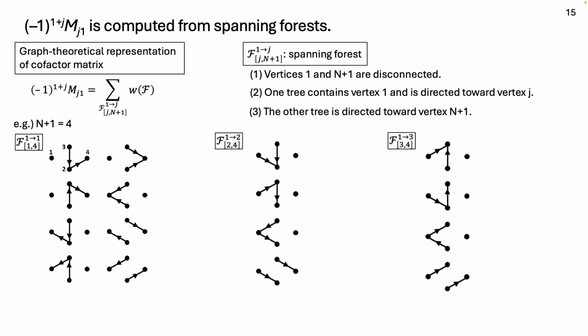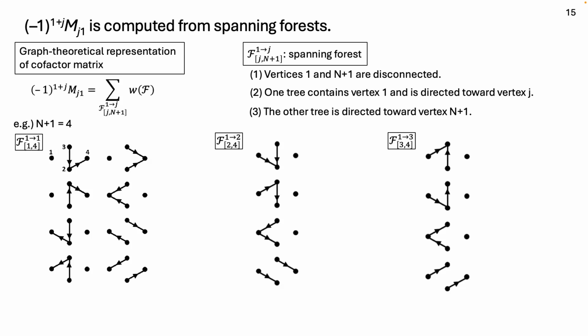And the third definition is that the other tree is directed toward vertex n plus 1. For example, in this case, the other tree is here, directed to vertex 4. Or more complex: for this case, vertex 1 and vertex 4 are separated, and the other tree reaches n plus 1. That is the definition.